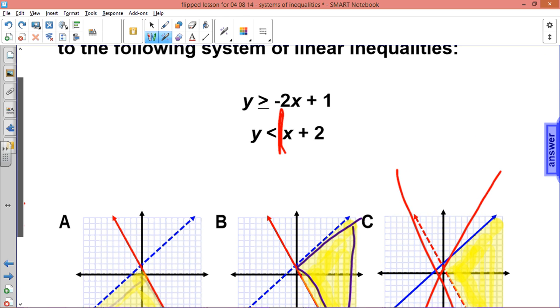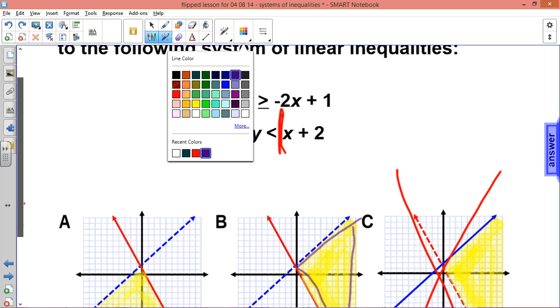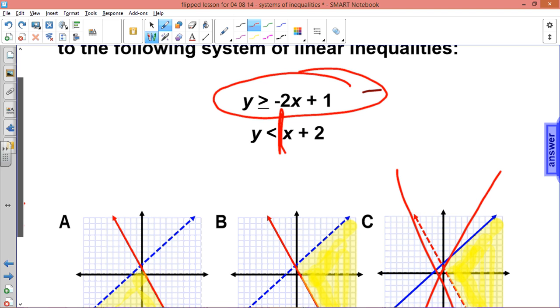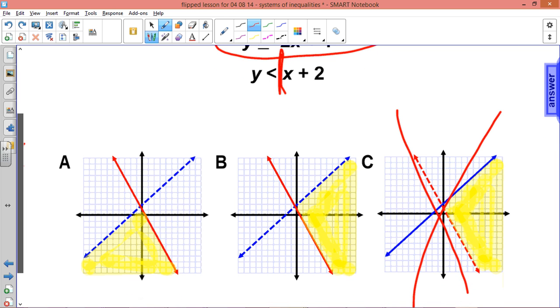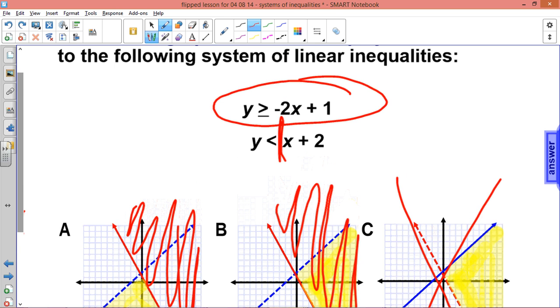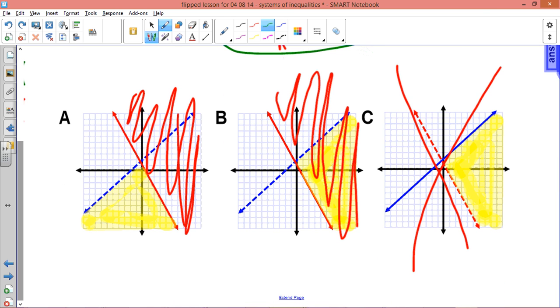Well, let's figure out which one we should have. Let me shade this first part in red. I'm going to call this the red equation. Y is greater than or equal to means I'm going to draw above the line negative 2x plus 1. So it's going to be everything above this line right here and everything above that line right there. For the next one, I'll do it in green. Y is less than means I'm going to do everything below my other line.